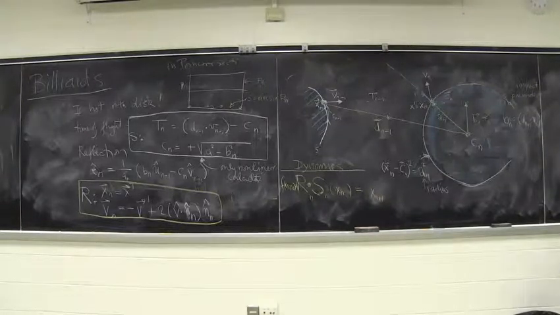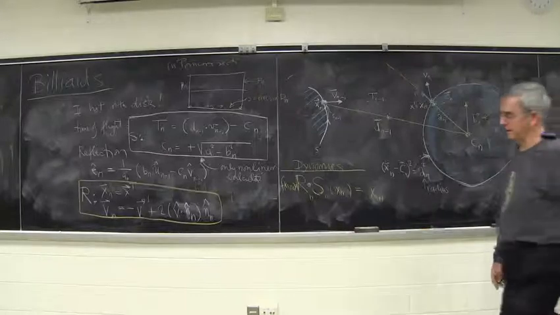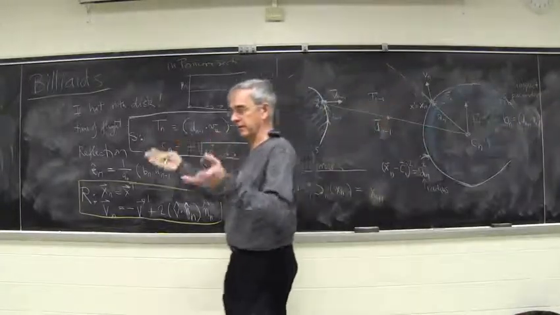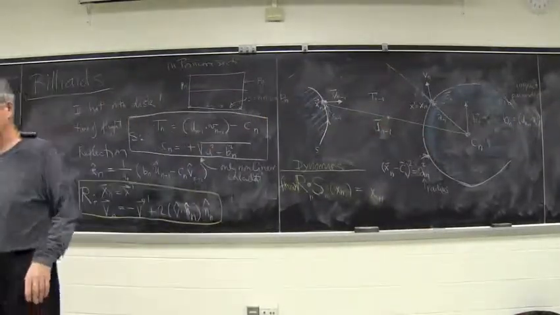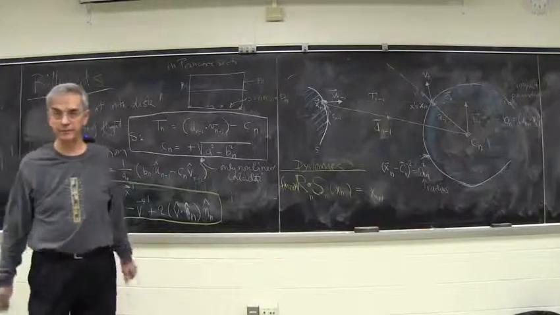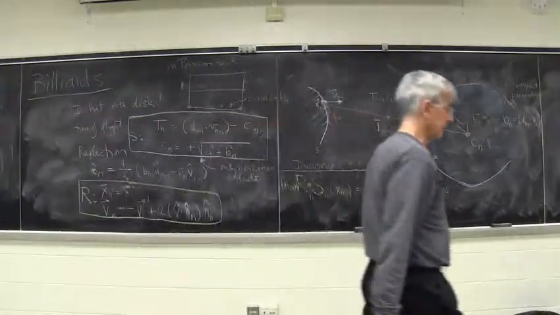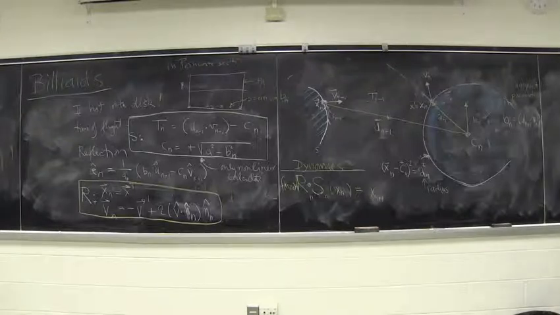Now, if you have a general billiard that I gave you before, it might actually be a numerical calculation, because if there's some epicycle specifying what your circle is, it might require more than just a square root, almost certainly. So that's the number one thing about billiards.